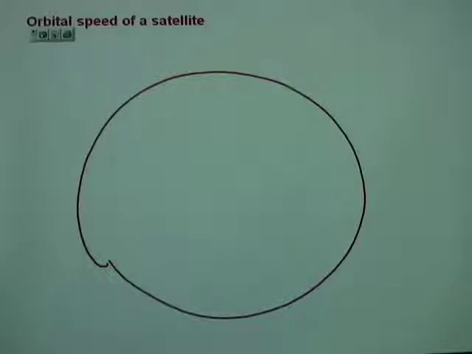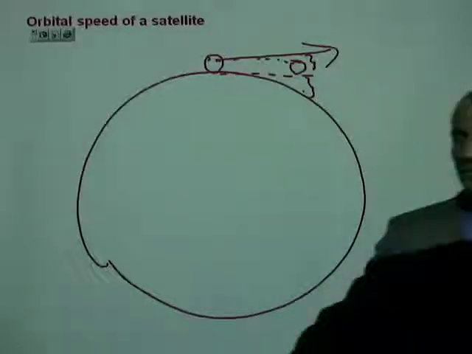Let me see if I can show that to you in a drawing here. Now, this is our Earth. If I throw this basketball with the velocity so that when the basketball falls, as it goes, it is going to fall like this. And you can see here, the basketball has fallen by that amount, and the surface of the Earth at that point also has fallen by the same amount.